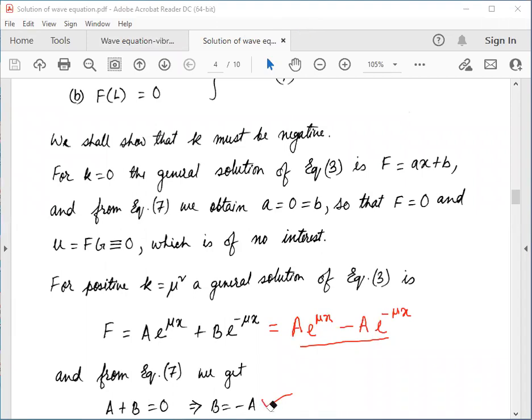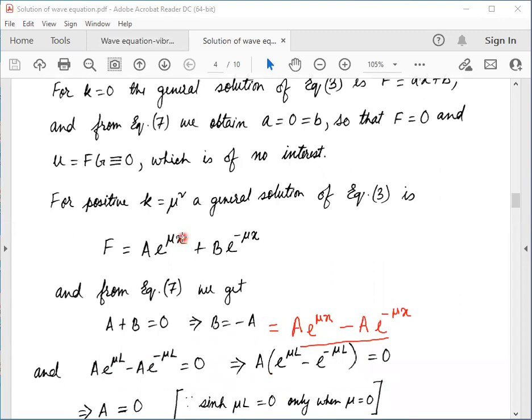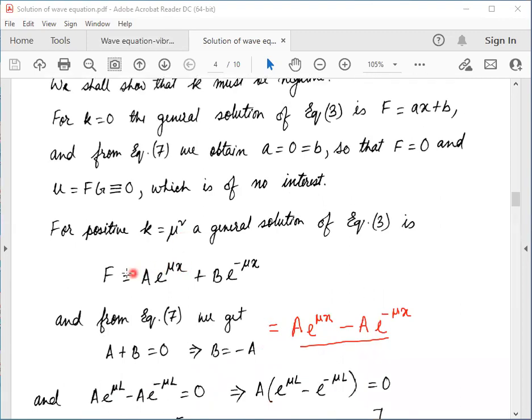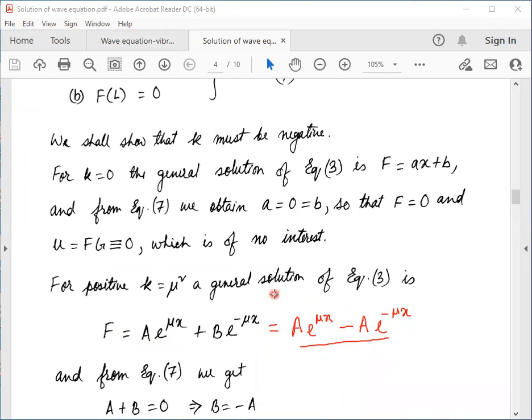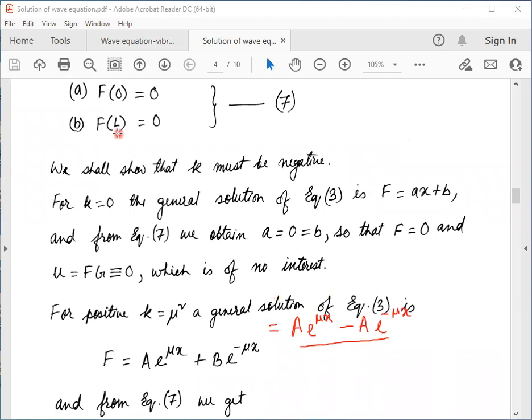So the function f is equal to a e to the power mu x minus a e to the power minus mu x. Now at x equal to L, the function is equal to 0. At x equal to L, f is equal to 0.